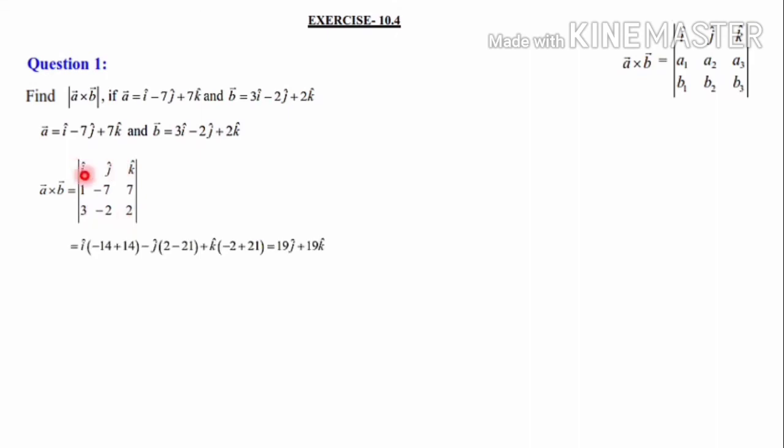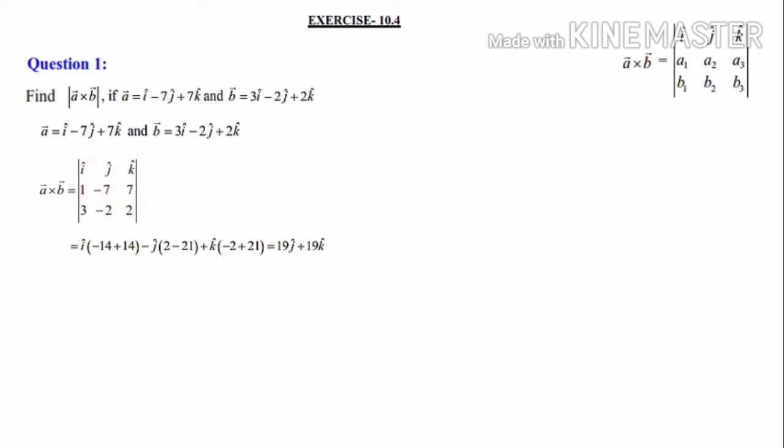I into that row and column is gone. Minus 7 into 2, that is minus 14. Minus into minus plus 2 into 7 is 14. Minus j into that row and column is gone. 1 into 2, that is 2. Minus 3 into 7, that is 21. Plus k cap into that row and column is gone. 1 into minus 2, that is minus 2.